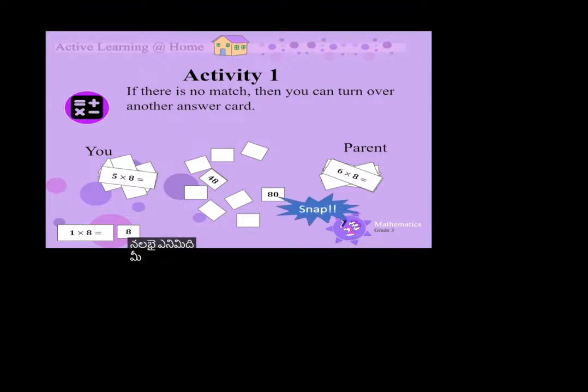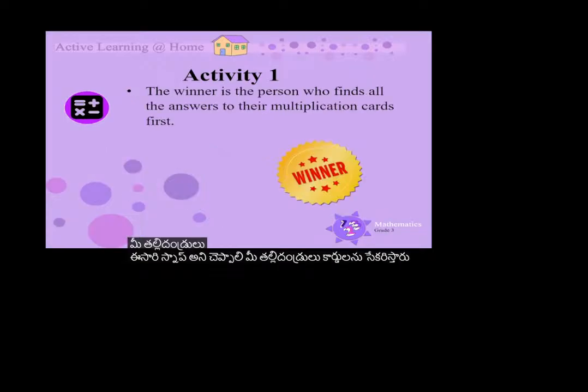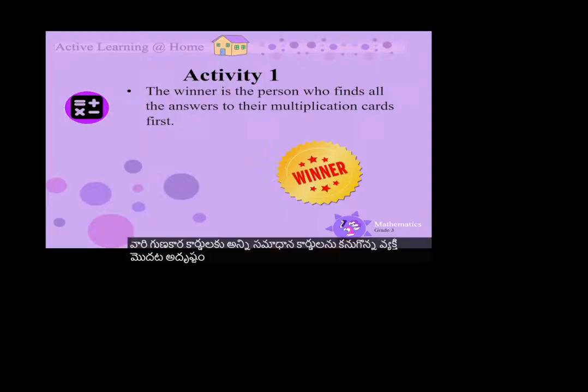Your parent should say, snap. This time, your parent collects the cards. The winner is the person who finds all the answer cards to their multiplication cards first. Good luck.